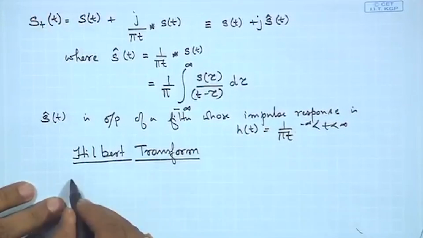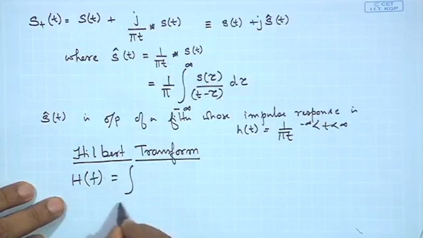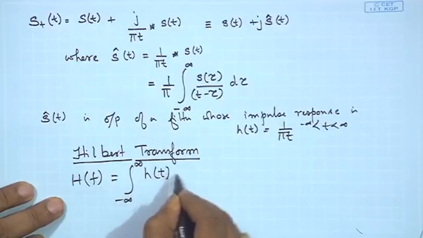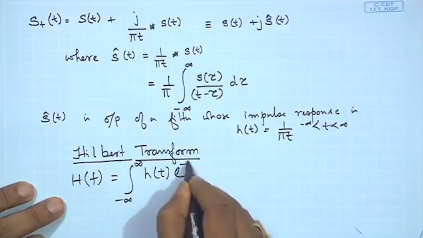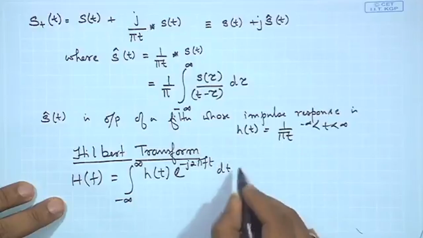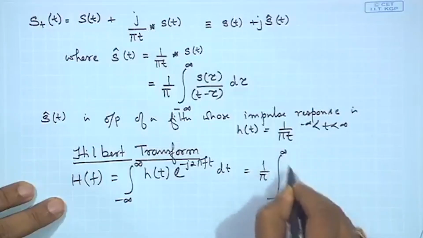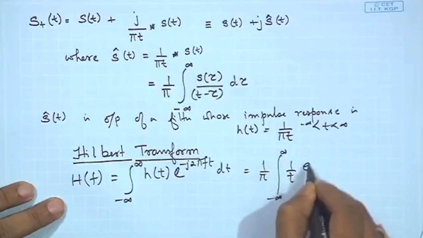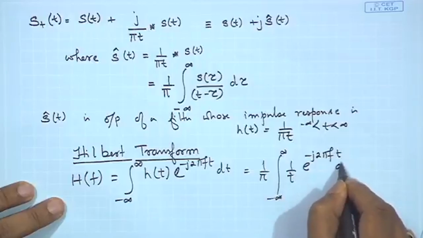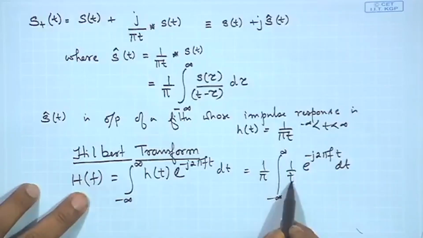So, we can state using our knowledge that h of f is equal to the Fourier transform of h of t, that is 1 upon pi, minus infinity to infinity, 1 by t e to the power of minus j 2 pi f t dt. So, basically we are taking the Fourier transform of 1 by t.